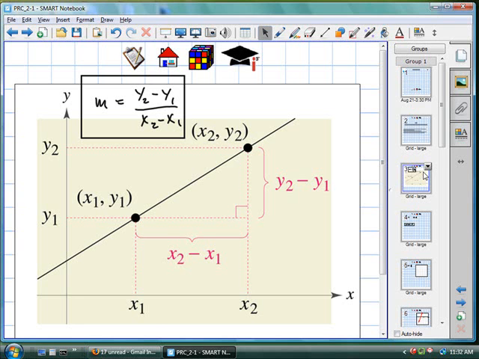The biggest sin that I see committed in this formula is people getting the x's on top and the y's on the bottom, and it just throws your results literally upside down. It's not good. So anyway, I'm sure you've seen that formula before, correct? And that thing in the box is the slope formula.